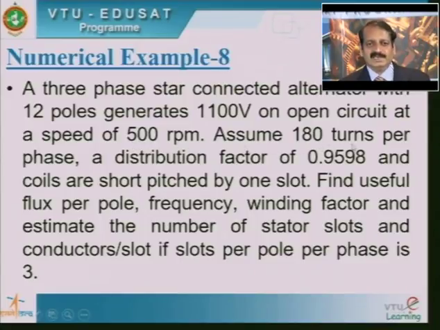Assume 180 turns per phase, a distribution factor of 0.9598, and coils short pitched by one slot. So, this data can be used to calculate Kp, that is the pitch factor. Distribution factor is already given as 0.9598.